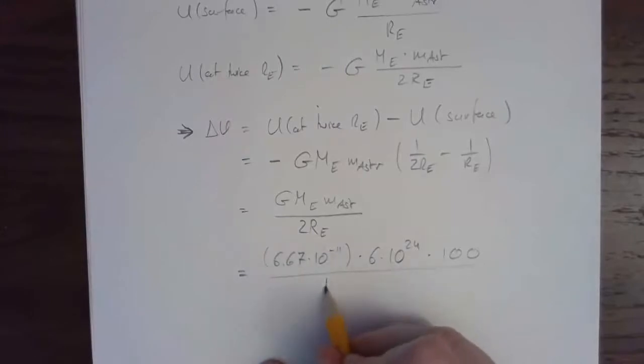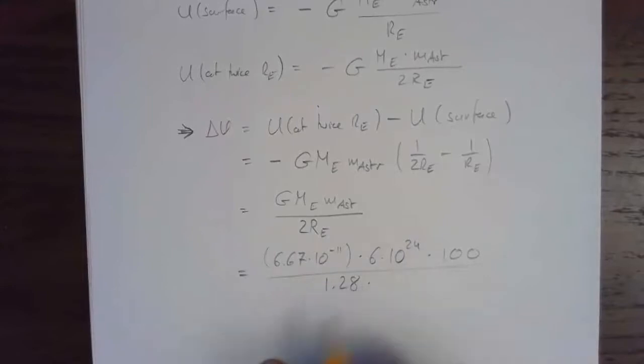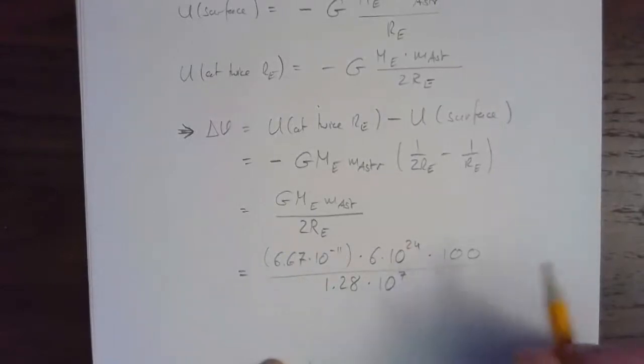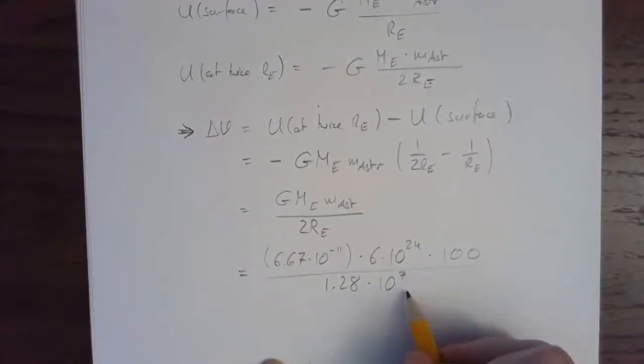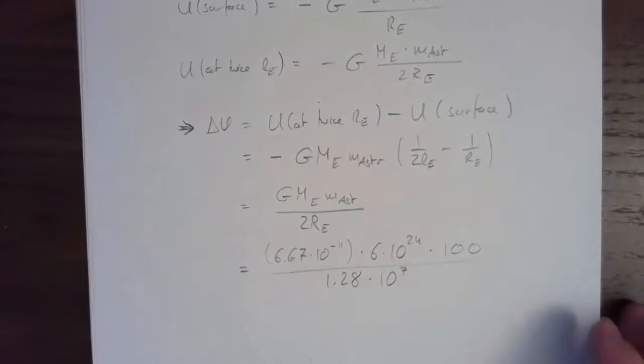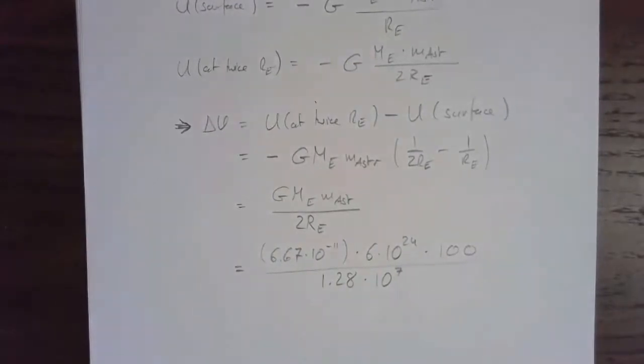So twice that is going to be 1.28 times 10 to the 7 meters. Right, because 6.4 times 10 to the 6 meters times 2 is 1.28 times 10 to the 7.